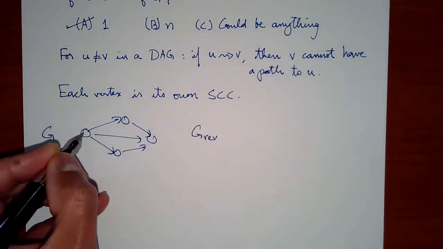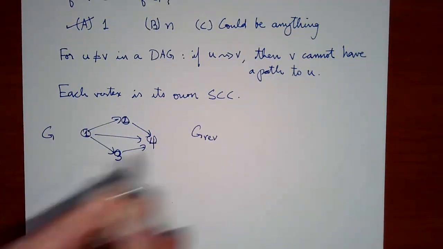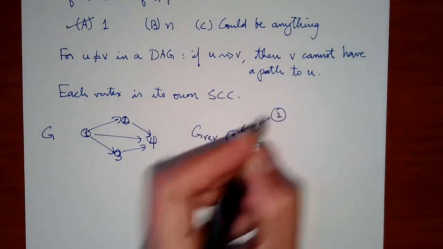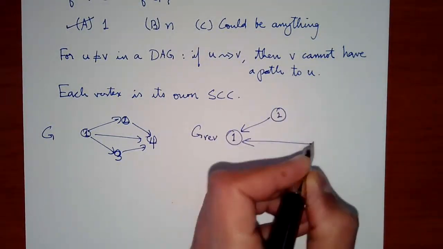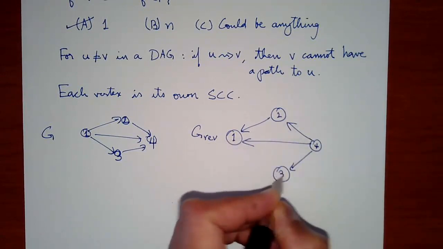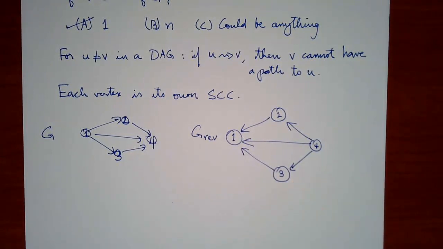Let me give these vertices 1, 2, 3, and 4. Sorry, I'll make this bigger. So this is 1. This is what the reverse looks like. Oh, I see. My bad. So the reverse has edges in it. The reverse definitely has edges in it.